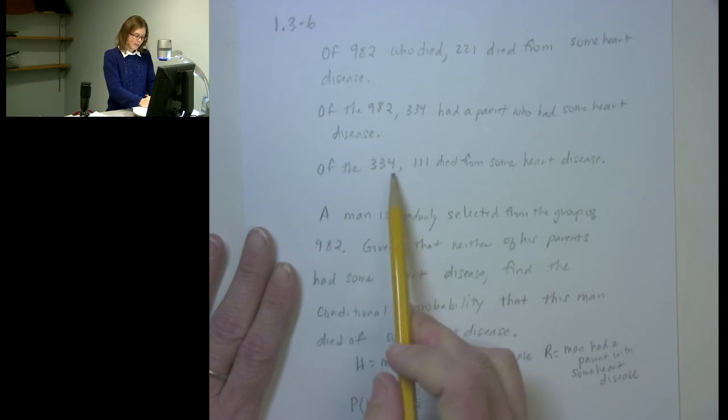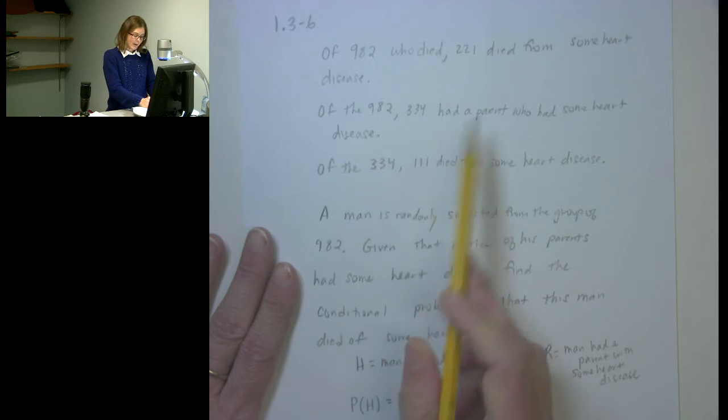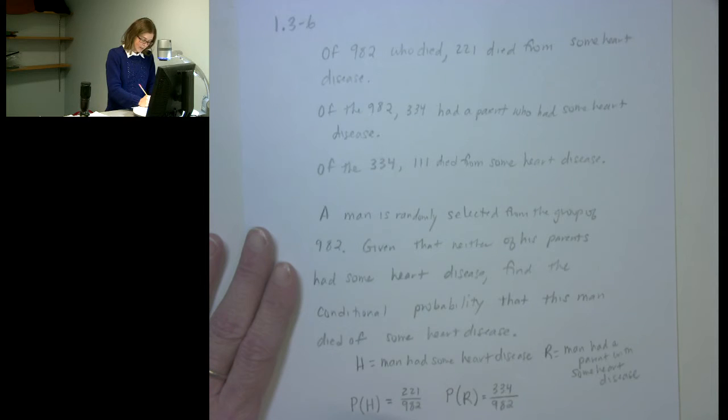And then we're told of the 334 who had a parent with some heart disease, so I'm only interested in that group, so I'm conditioning on them, 111 had some heart disease themselves, so there's a conditional probability. And the probability I'm trying to find is, given that neither of his parents had some heart disease, so given our complement, what is the probability that the man died of some heart disease?